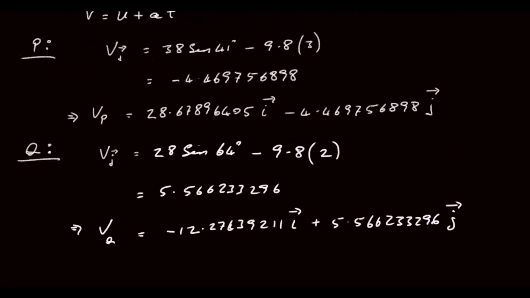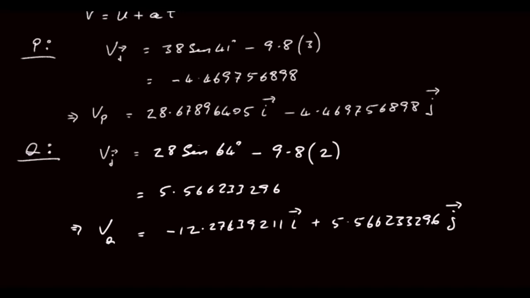Okay, next one then. Calculate the dot product of Vp and Vq when t is equal to 3. So the dot product is just going to be what you get when you take these two vectors and carry out the dot product. Multiply the i coefficients and the j coefficients.